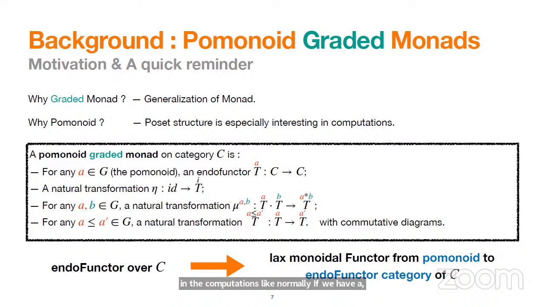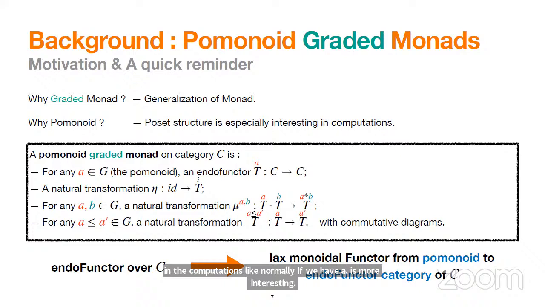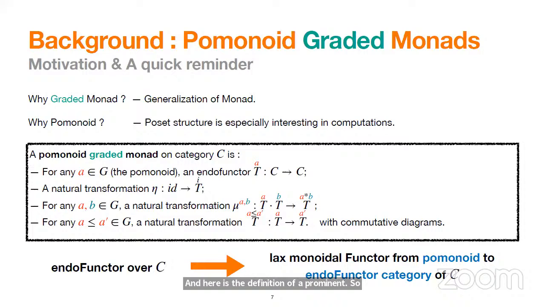And here is the definition of a pomonoid-graded monad. First, for every element A in the gradation G, we have an endofunctor T of A, and also we have the eta just like the normal monad.